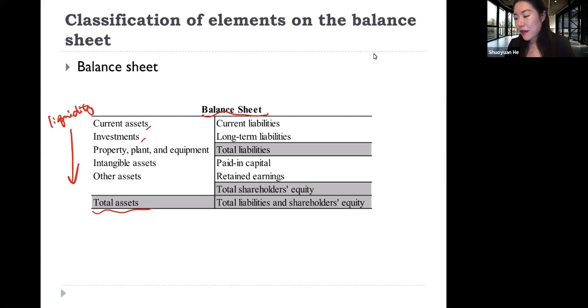And then long-term investment, PP&E, intangible. So those are arranged according to the liquidity of the asset. On the right-hand side, we have liabilities and shareholders' equity. Liabilities are usually arranged, in the sequence of those balance sheet items, according to the liquidity.